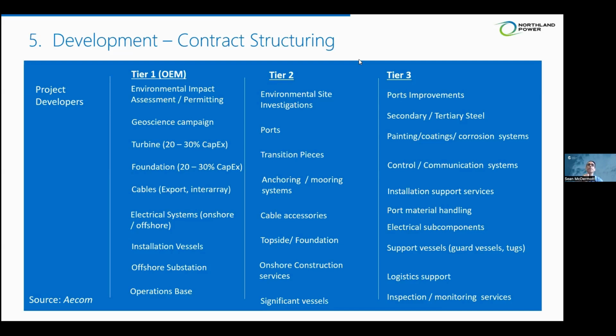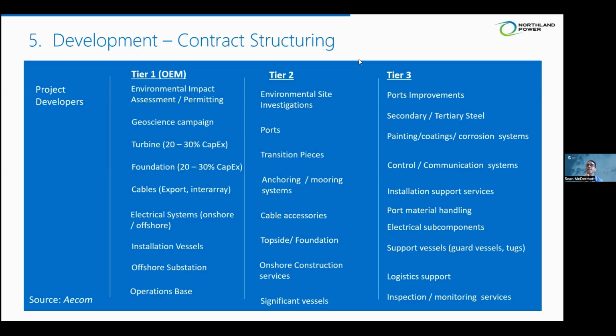So I guess the point of this slide is to indicate that there's an enormous amount of opportunity to be involved in an offshore wind farm. Again, there's up to 300 contracts all the way through.